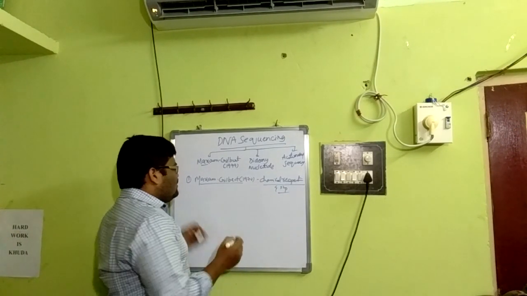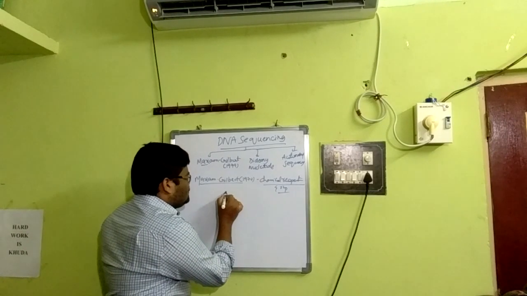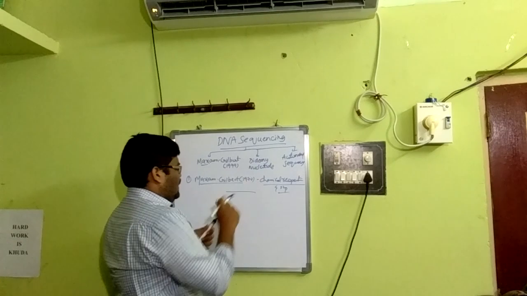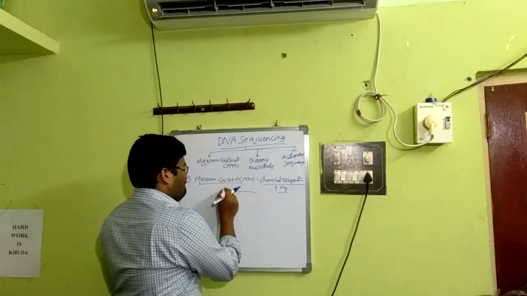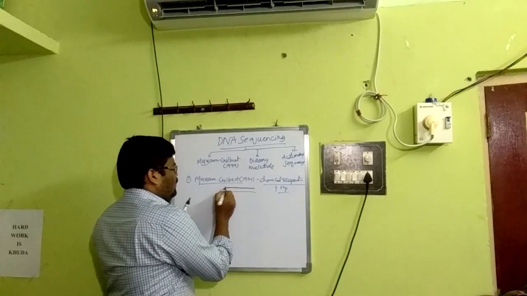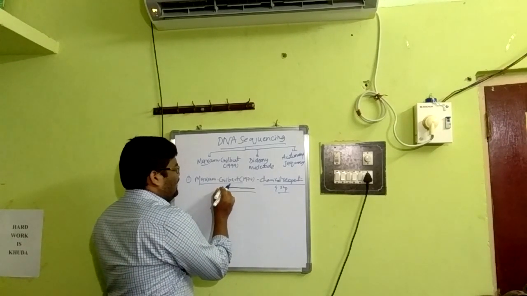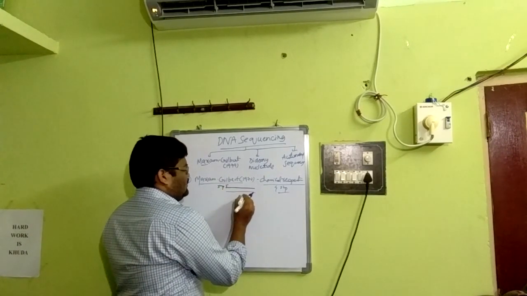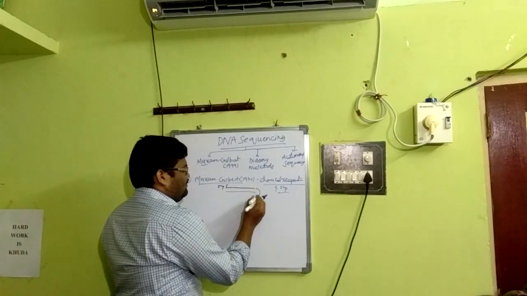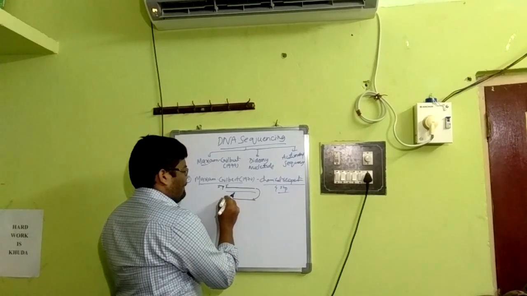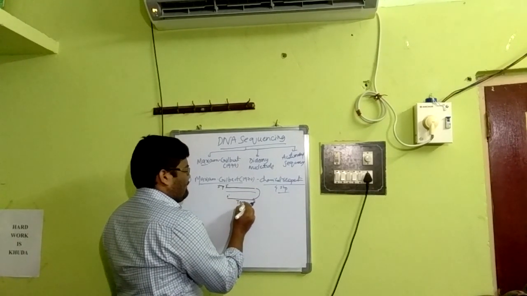Here the mechanism involves, for example, the source DNA. It is a source DNA. We radio label it with the help of P32 at one end, so that this will be used as a template later on.